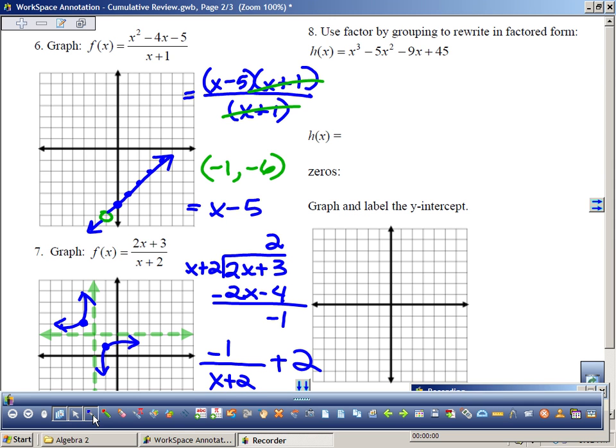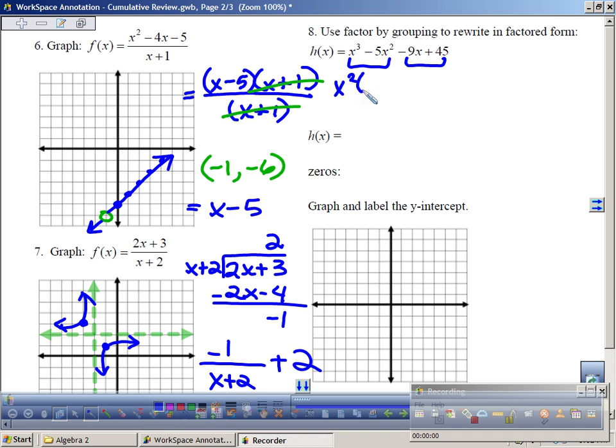All right, let's finish up the last few of this cumulative review. So this one is factored by grouping, and so I'm going to factor out an x squared, and I get x minus 5, and then I'm going to factor out a negative 9, and I get x minus 5.